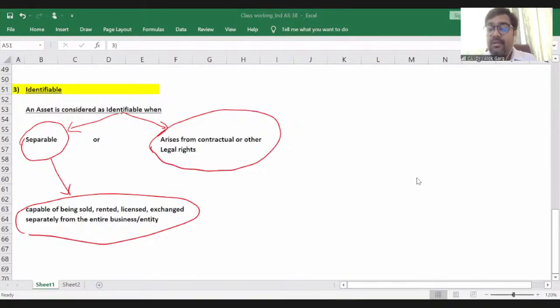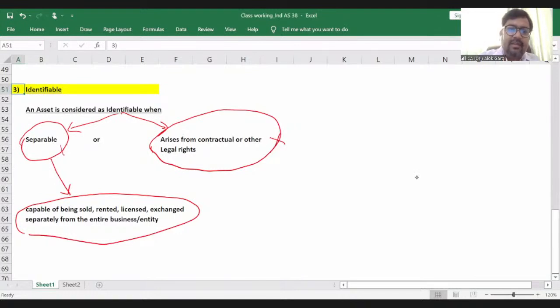There is no contract, and hence there is no contractual right. If there is no contractual right, can I say it is separable? So this condition I am not satisfying.